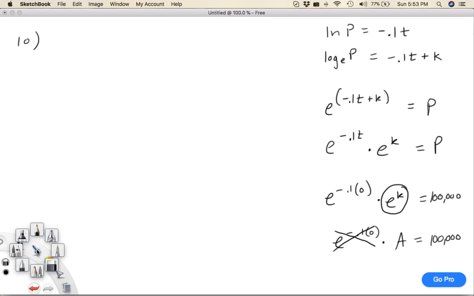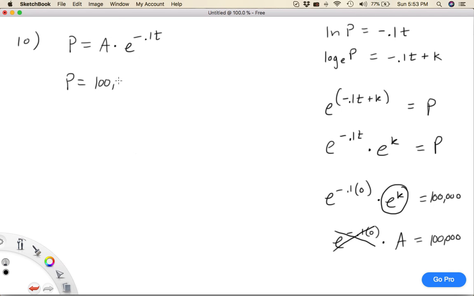So basically we have P is equal to A, some constant times e to the negative 0.1 t. And we found out that our initial value, our A, has to be 100,000. So we find out P equals 100,000 times e to the negative 0.1 t.